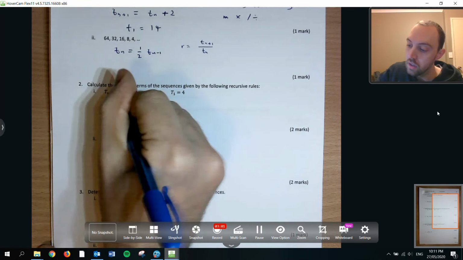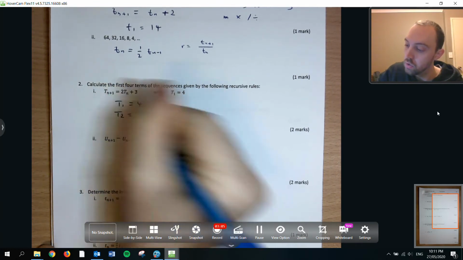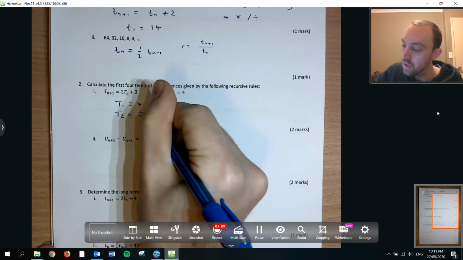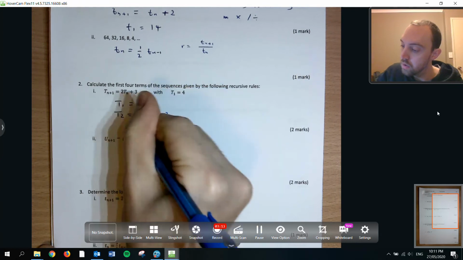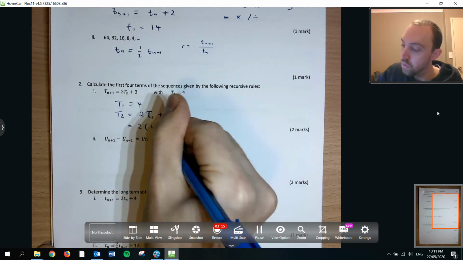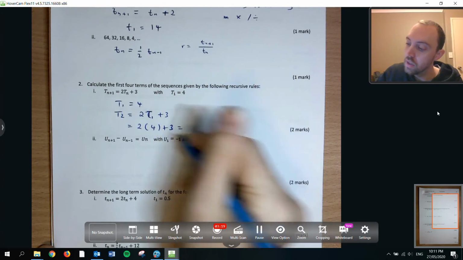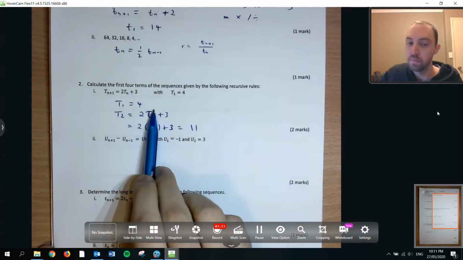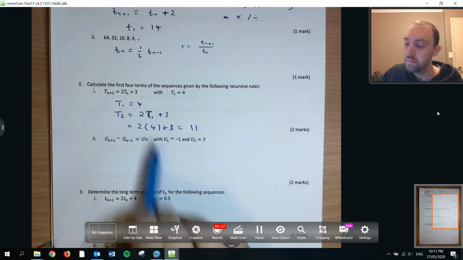Okay, T1 is equal to 4, T2 is equal to 2 lots of T1 plus 3, so 2 lots of 4 plus 3 is equal to 11. So I'm just replacing the previous term's number in here.